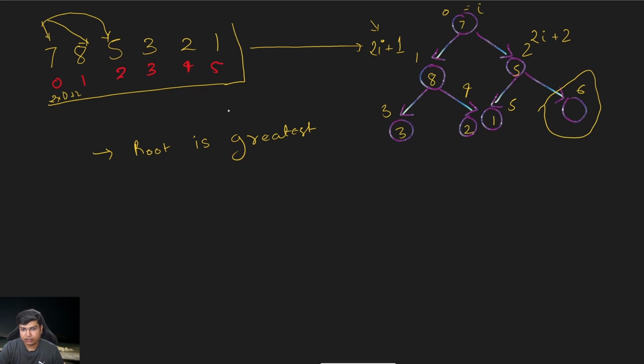So if I impose this constraint that the root node will always be greater than all these three values, let's say I build a heap like this, and I see that 3 is the greatest of all the three numbers over here, then this particular heap structure is satisfying the max heap property.